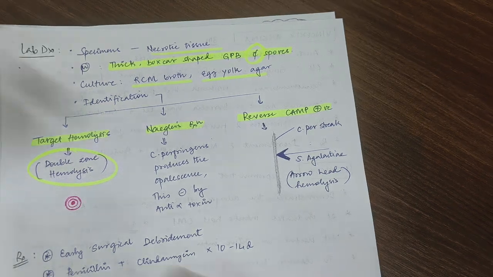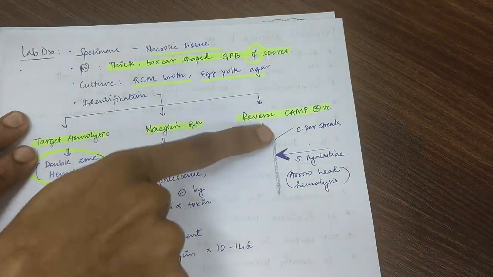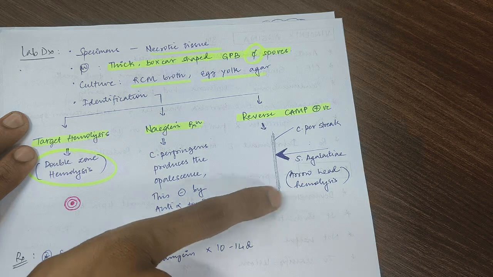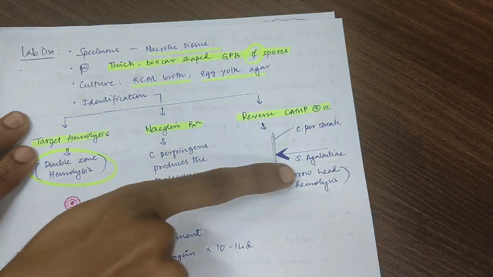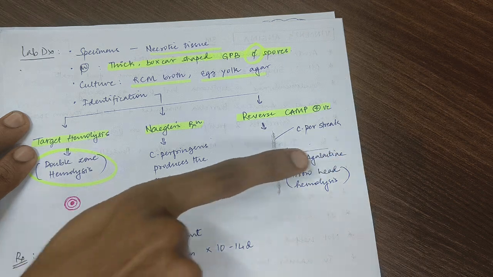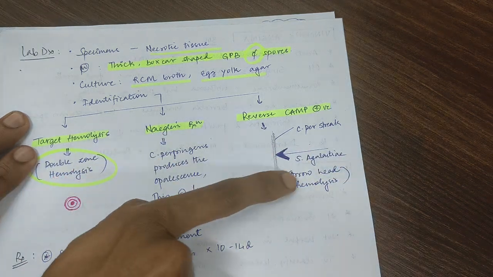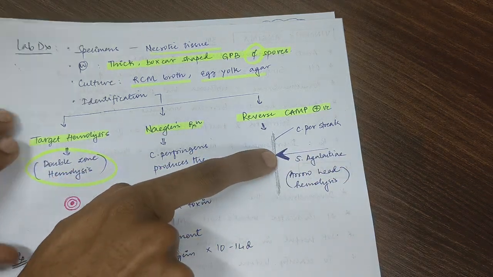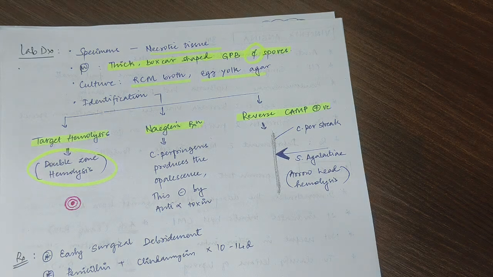Then reverse CAMP is positive. There again you are going to streak the Clostridium perfringens in a parallel manner, and you are going to streak Streptococcus agalactiae, that is group B Streptococcus, perpendicularly, and you are going to see the arrowhead colonies here. Arrowhead colonies are formed, and the test is positive there.